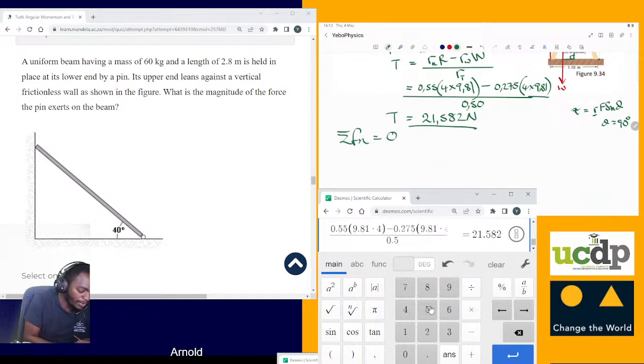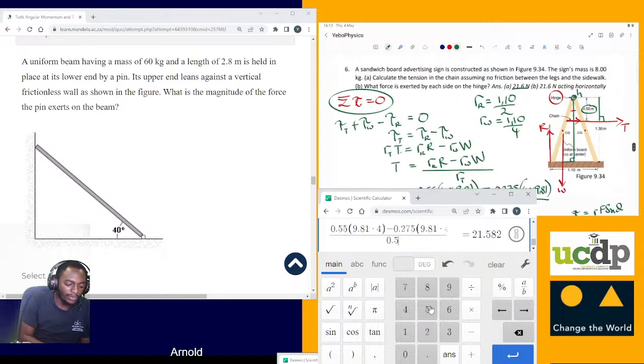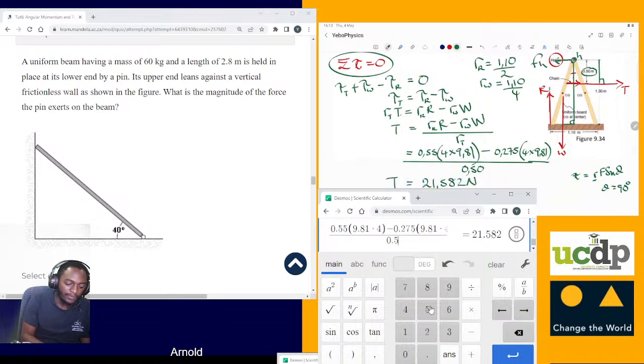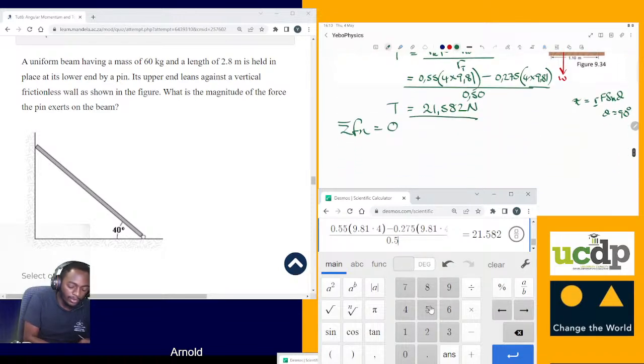The sum of forces in x is equal to 0, which means the sum of forces in the x should be equal to 0. And there's a force H acting on the hinge, which is a horizontal force, which should support this.